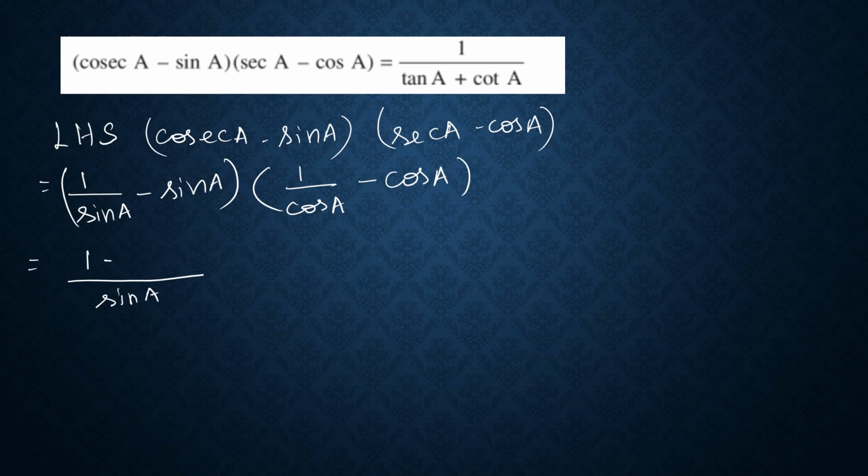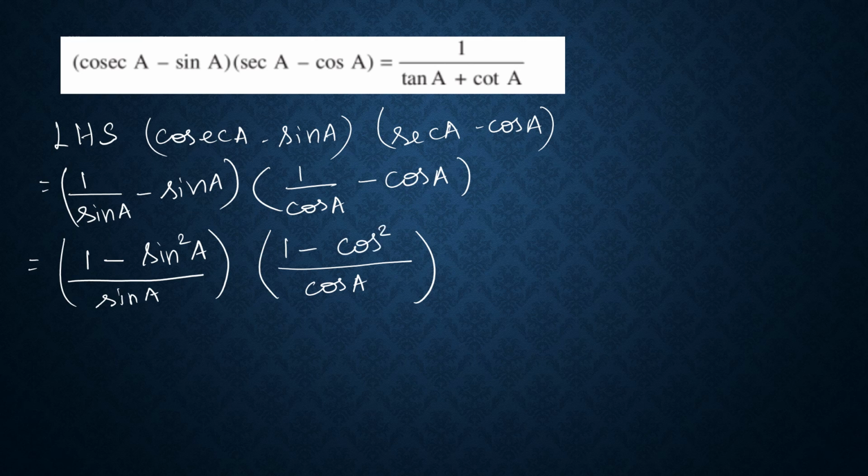What you will get? 1 minus sin square A. Here, what is the LCM? Cos A is your LCM. 1 minus cos square A. What is 1 minus sin square A? Cos square A by sin A.